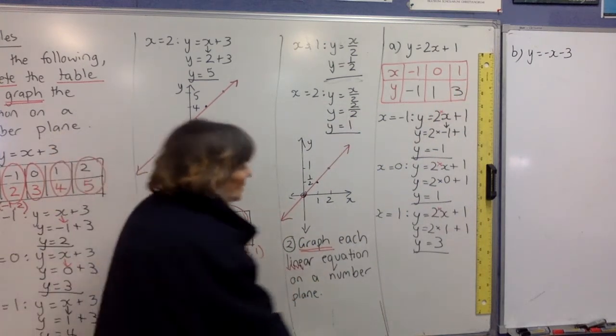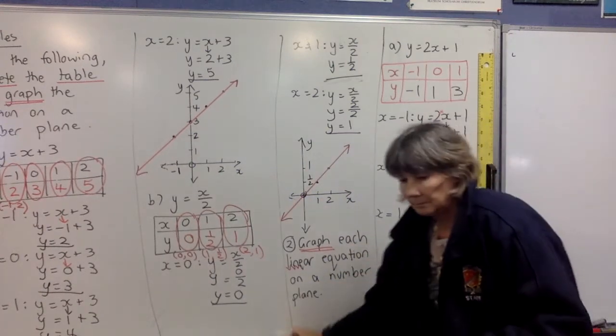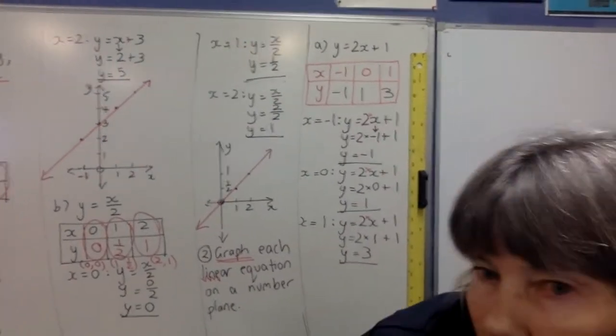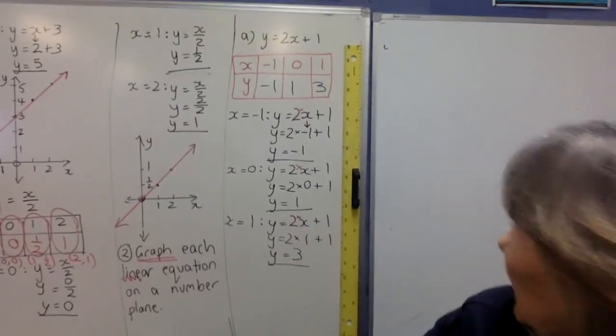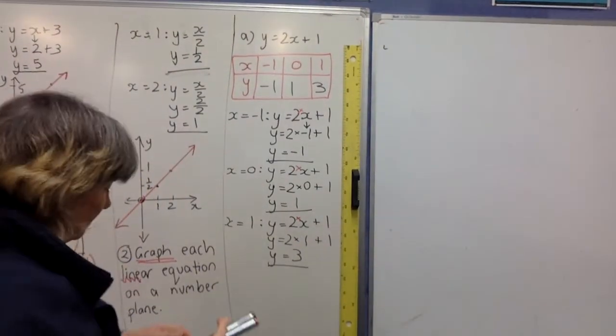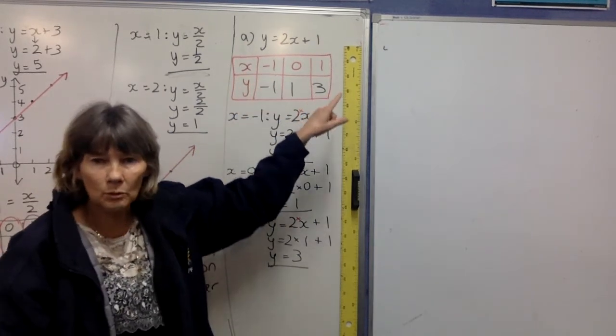I'll just move this other one out of the way. Okay, so we're now ready to graph this. Okay, so let's have a look. Our x's go from -1 to 1.